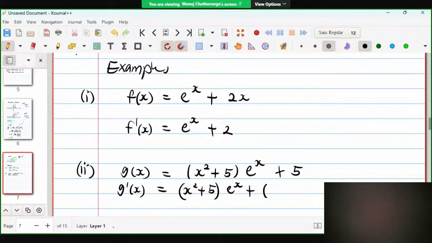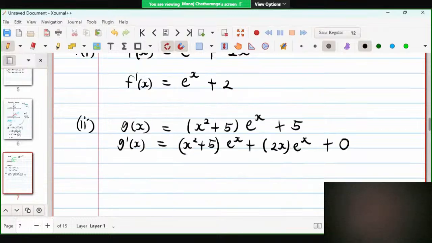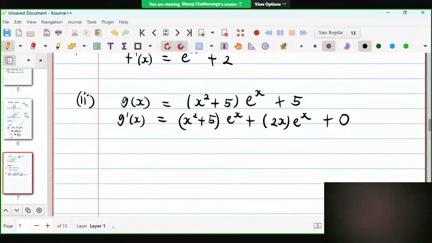Then differentiate the first factor, keep the second factor. So now we have taken care of this first term, the first product, plus 5. The derivative of 5 is 0. So you can simplify this to be x squared plus 2x plus 5, times e to the power of x.